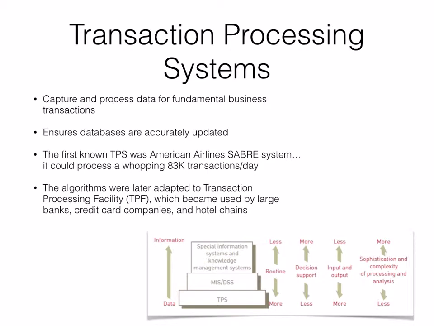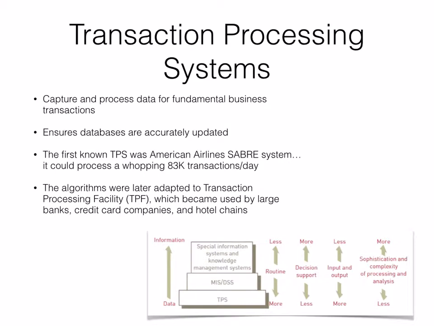Transaction processing systems capture and process data for fundamental business transactions. It's really about those important transactions where data integrity and consistency are really important. That's where you have intense transaction processing. So it ensures databases are actively updated. The first transaction processing system with commit and rollback mechanisms was actually not from a bank.